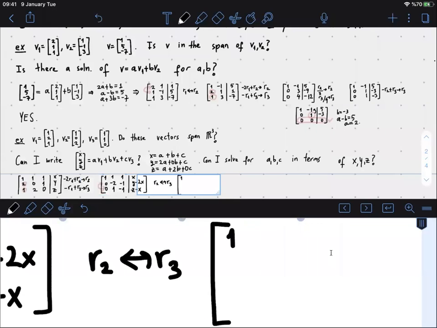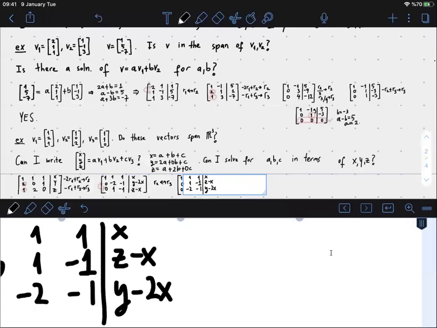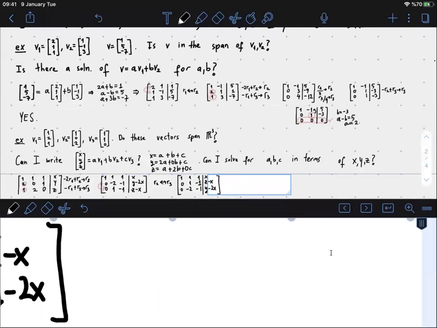Please check the computations. Probably I'm doing something wrong here. 0, 1, -1, and z minus x. 0, -2, -1, and y minus 2x.